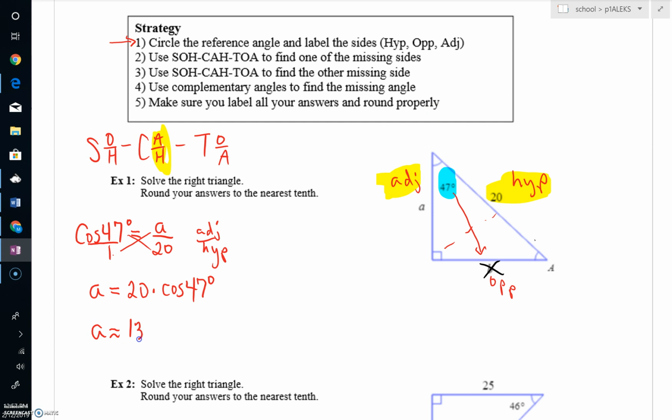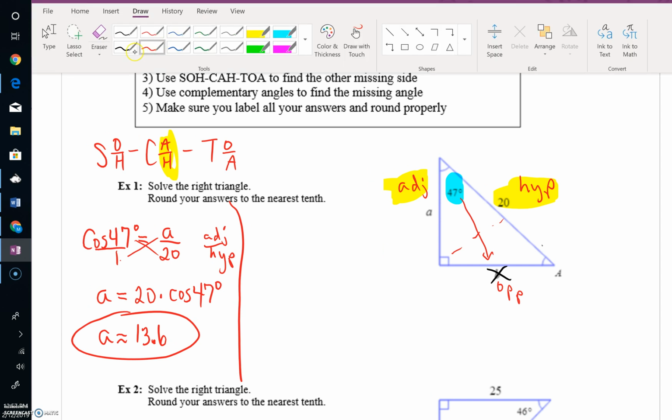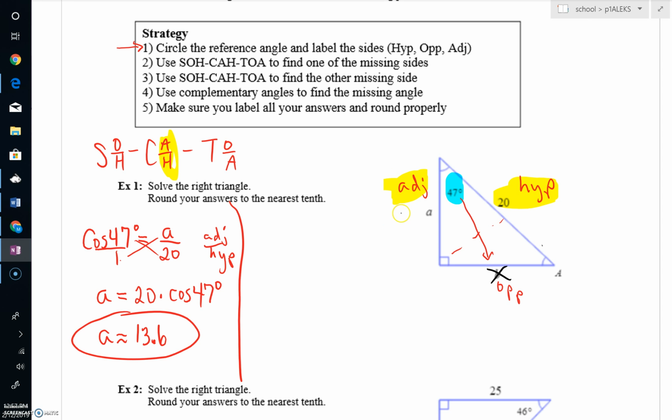So we're finding one of the missing sides. Well, now I'd like to go back and say we found the adjacent side. It's 13.6, but just ignore that for a moment.